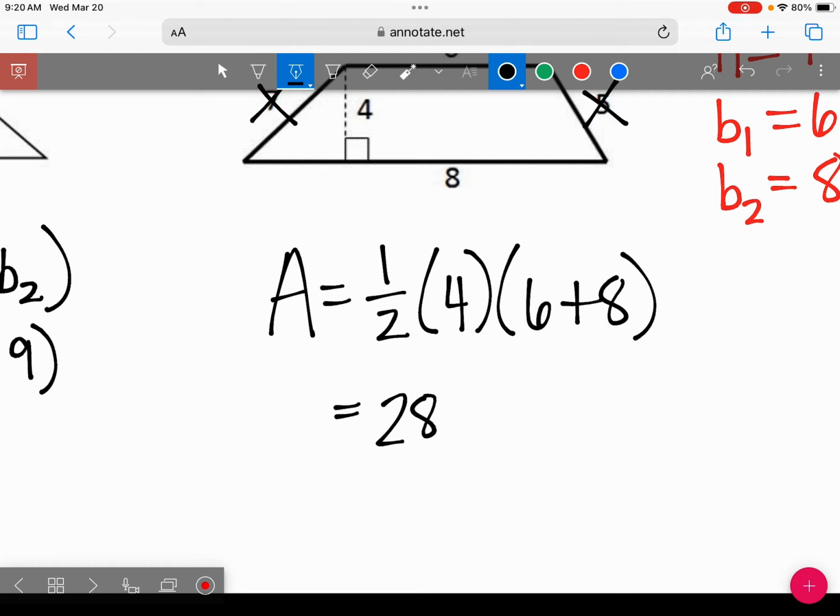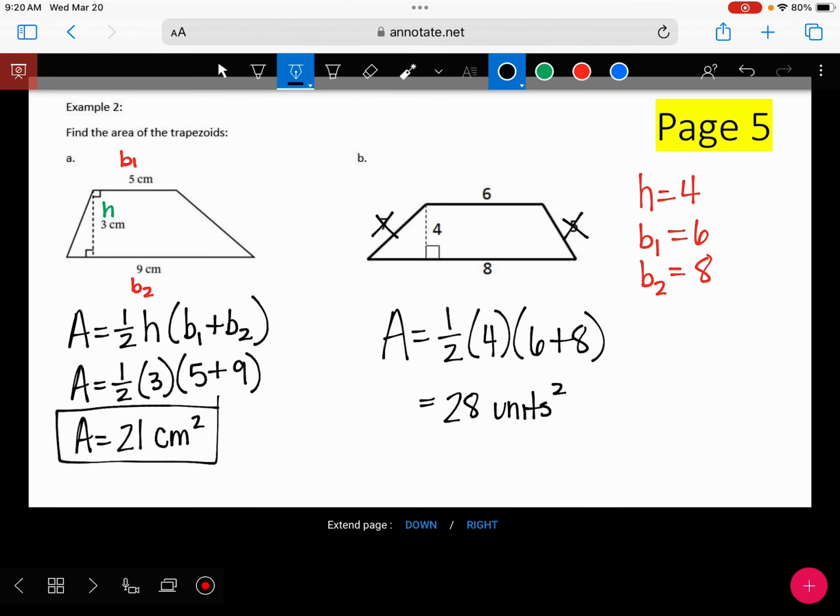So you should get 28. Who got 28? And then they didn't tell us a unit. I don't know if it's inches, feet, yards. So I'm just going to say unit squared. And that would be your answer for your area.